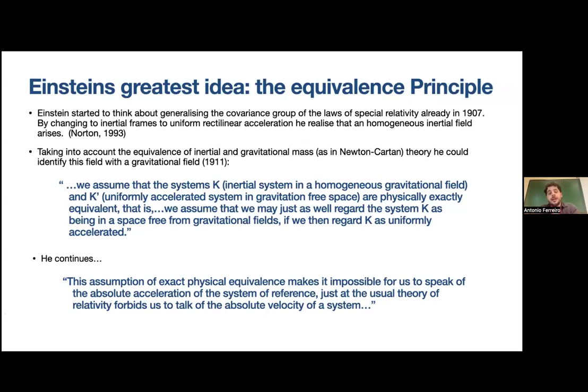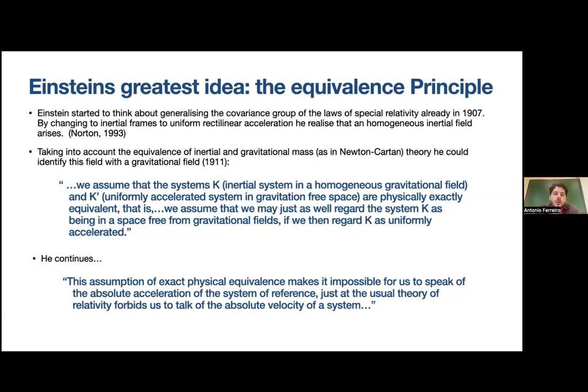The first thing he realized after the development of special relativity was what we now call the equivalence principle. So the first thing he started to do was to take special relativity in the form that he developed, in terms of the Lorentz transformation and so on, and then try not the Lorentz transformations to change from one inertial motion to another, but actually see what happens if we transform the laws from inertial motions to accelerated motions.